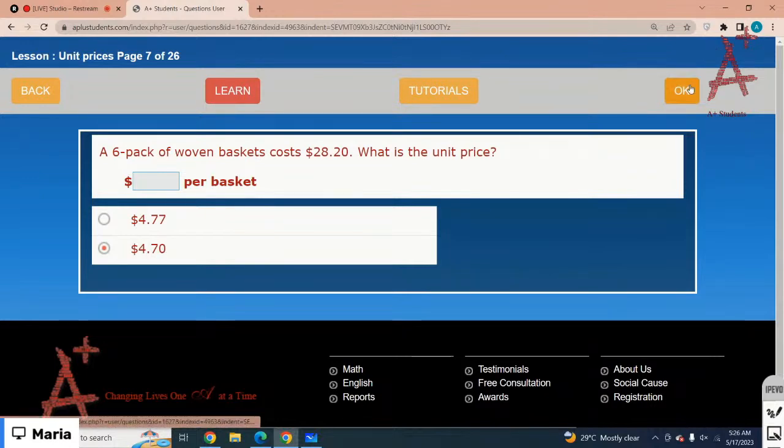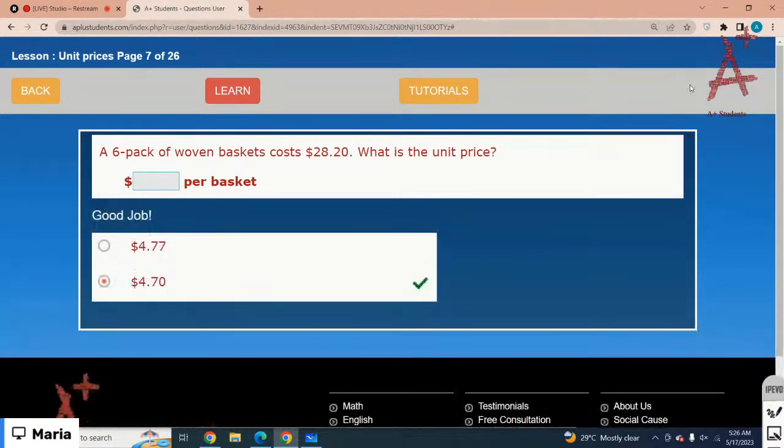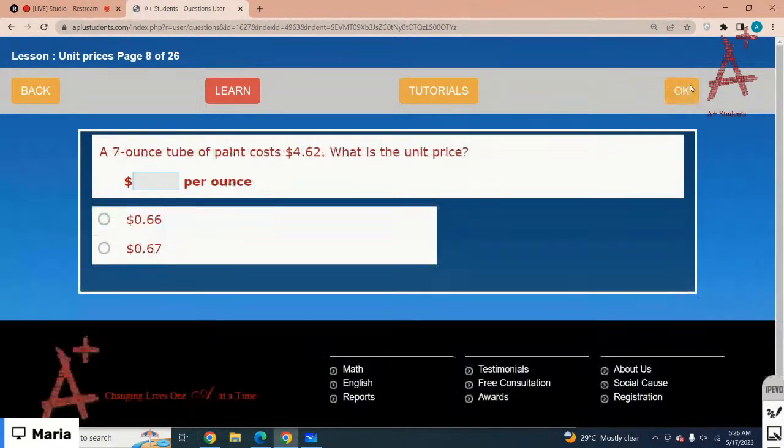That means the cost of one basket is $4.70. Okay, a 7-ounce tube of paint costs $4.62. What is the unit price? Just divide 4.62 by 7. Got it? That would be 0.66. That means the cost of 1 ounce is 0.66.